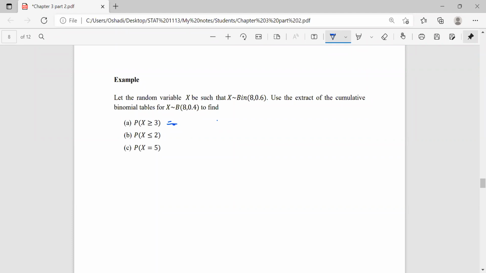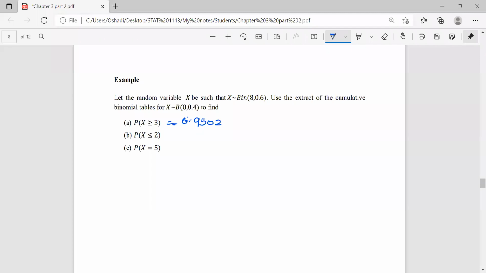So what is the answer? It is 0.9502, right? 0.9502. Okay.